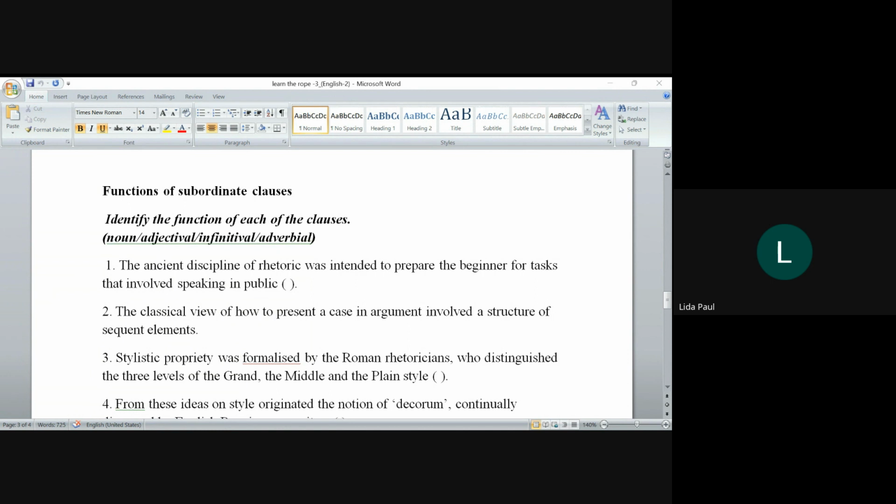Appositive is not, I have checked it already, but infinitival clauses, haven't you seen this in the lectures? No? Nobody remembers? Okay, so just tell me whether you have seen it in the lecture or not. What is your understanding of this kind of a clause? Infinitival clause.